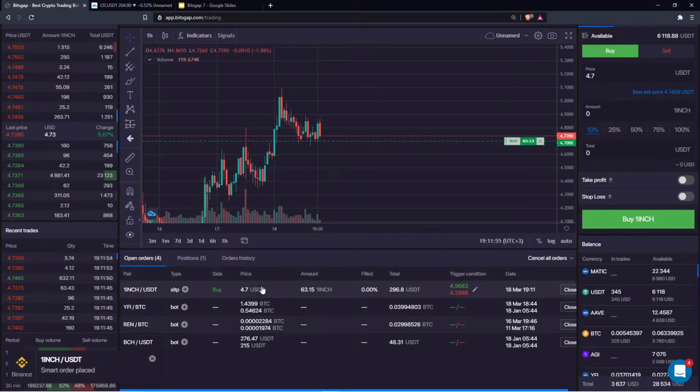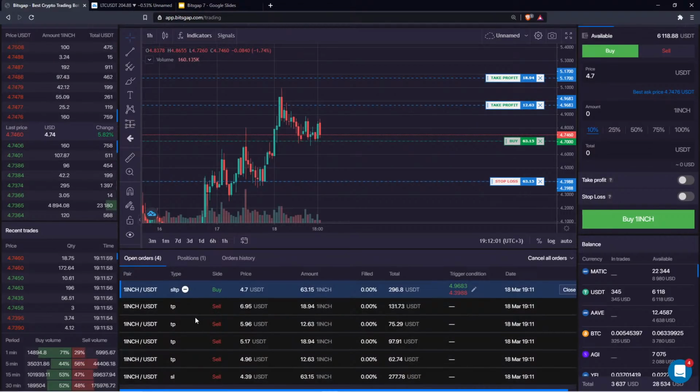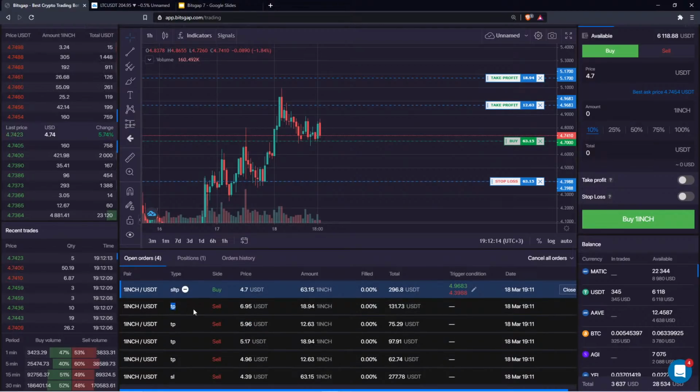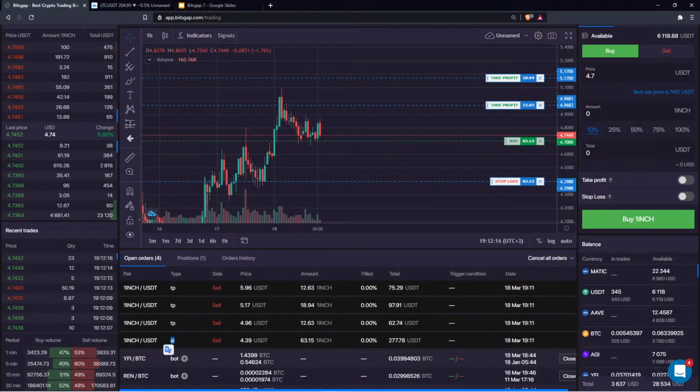All right, you can see this trade over here in your open orders as well. You can click on plus to see all the take profit areas. That's the exact amount it's going to sell at the price of 6.95. So yeah, everything is here. That's the TP, which stands for take profit, and the SL, which stands for stop loss.